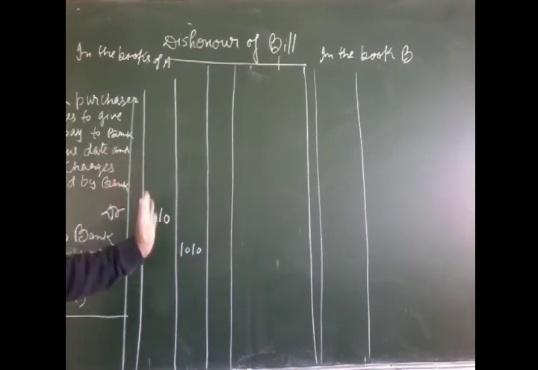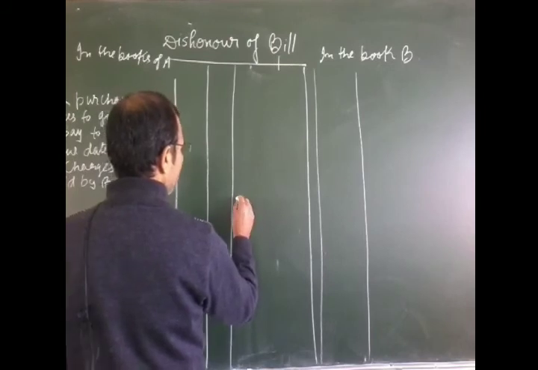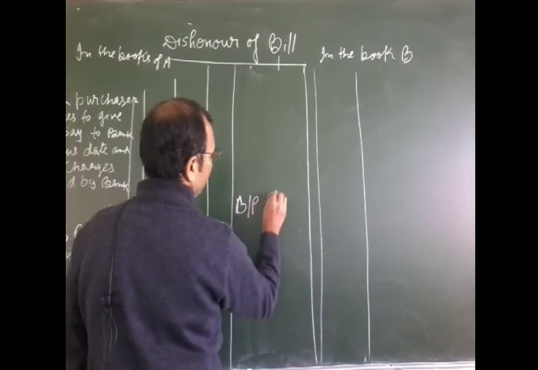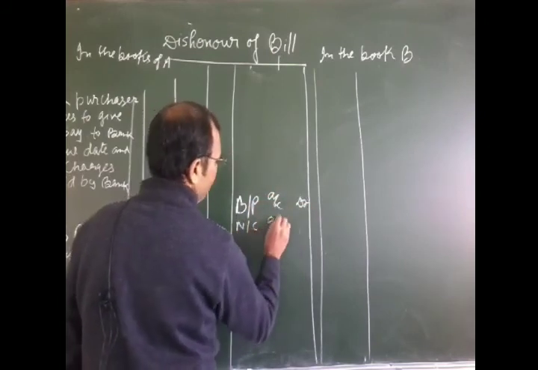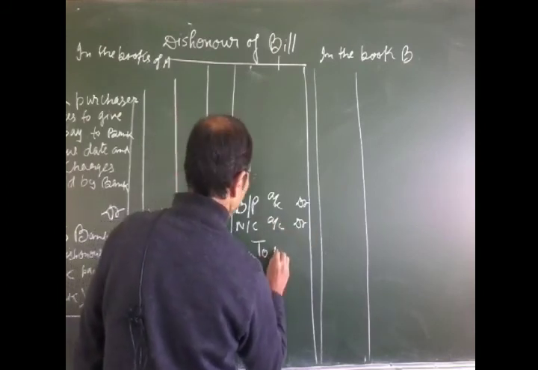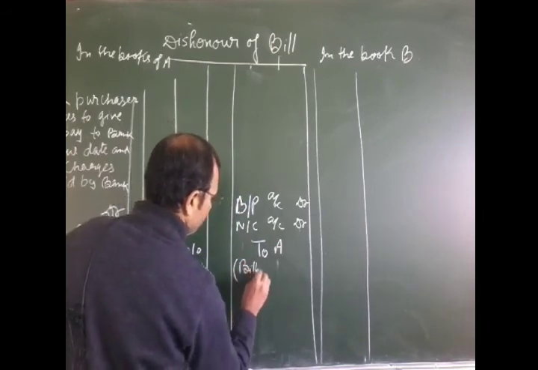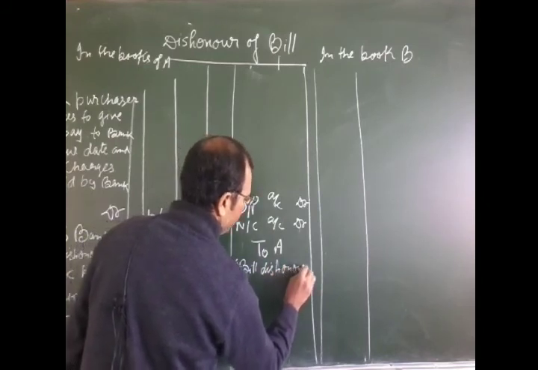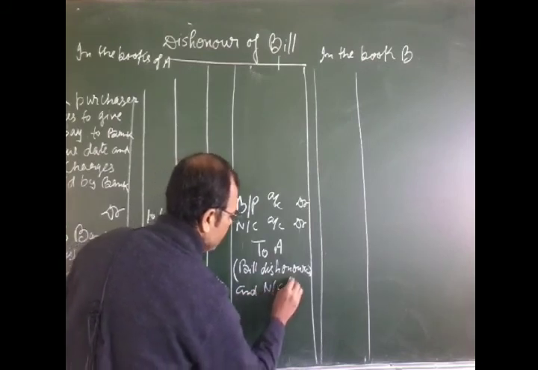Okay. And on the other hand, we will see the entry. A debit, BP account debit, noting charges account debit to A. Bill dishonored and noting charges paid.